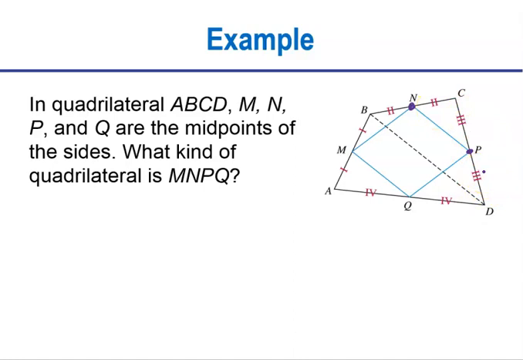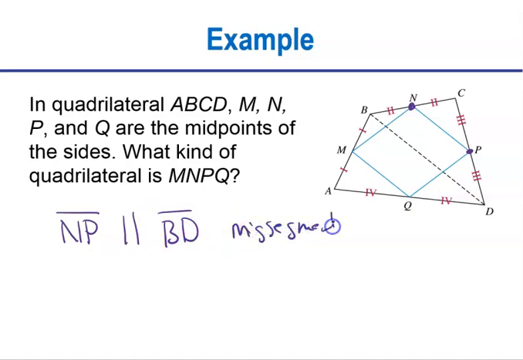I know that NP, okay, so let's write line segment NP is parallel, what's it parallel to? How about BD? Fair enough? Now, that's because, again, of the mid-segment situation, okay? NP is a mid-segment.